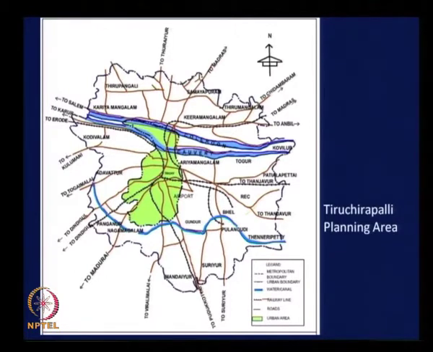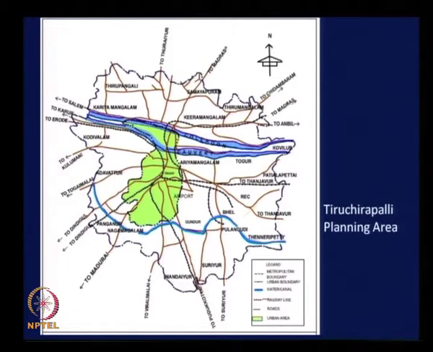Unless you include that area also in your planning study, you will not get a realistic picture of the traffic on city roads, right? So we have to identify the adjoining areas which contribute to the city's traffic on a regular basis, include all those areas in your planning process and then fix the boundary. That is the basic principle.